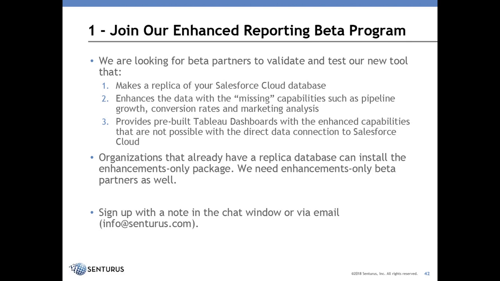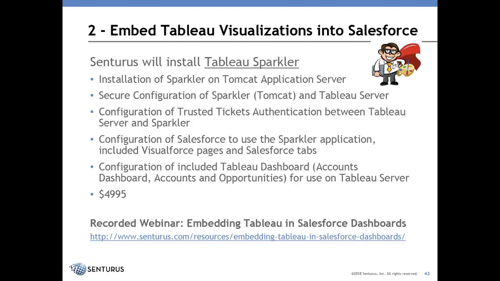It also includes pre-built dashboards that have capabilities that aren't possible with the direct connection. If you already have the replica database, you can install our enhancements only and help us test those. You can sign up with a note either in the chat window or by sending us an email at info@senturus.com.